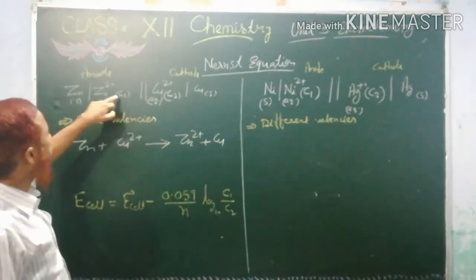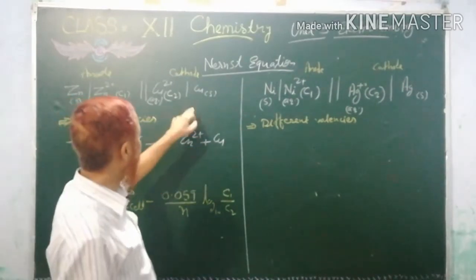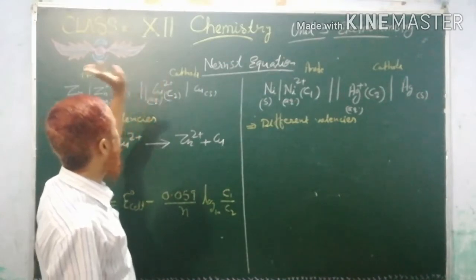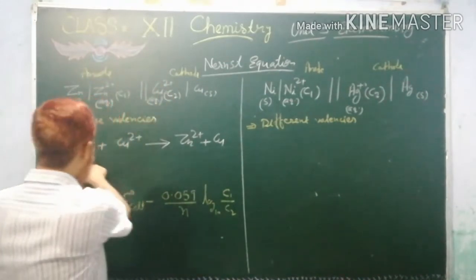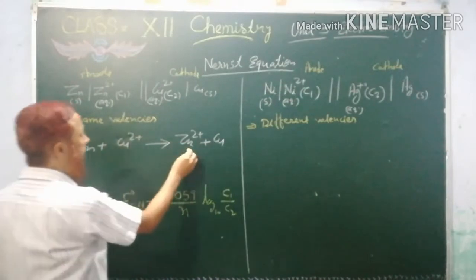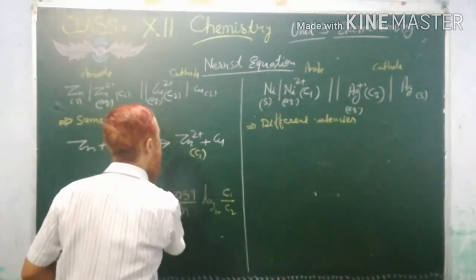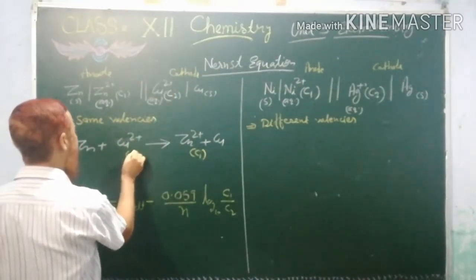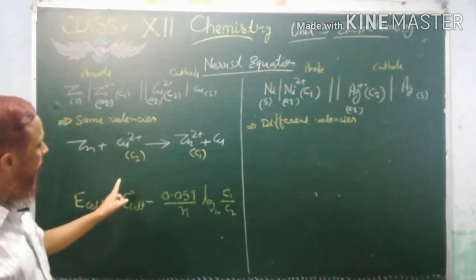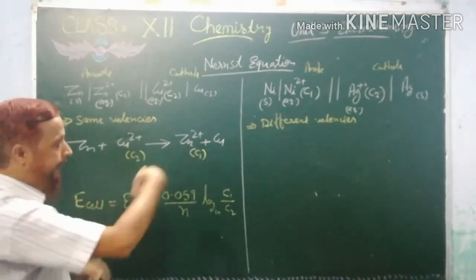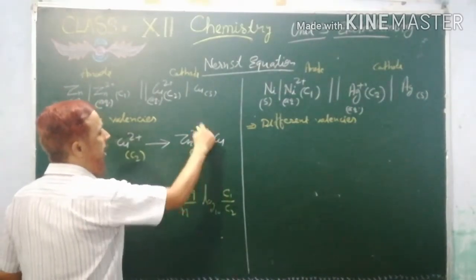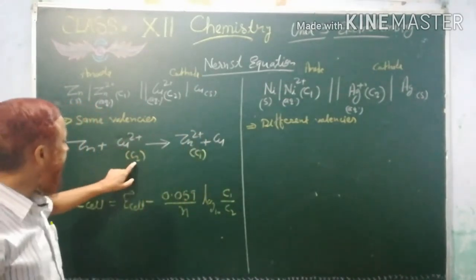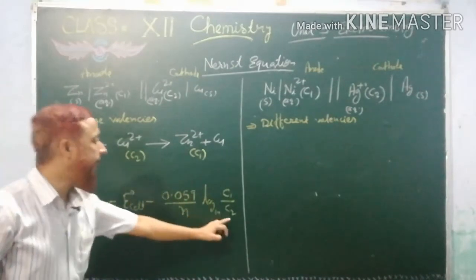C1, this is the concentration of zinc ion, and C2, this is the concentration of Cu2 plus ion. If you see in the cell reaction, this C1 comes here, and C2, this one Cu2 plus we have written here, the C2 will be here. So if reaction is given, then C1 will be the ions towards product side, and Cu2 plus means C2 will be the ions toward the reactant side.